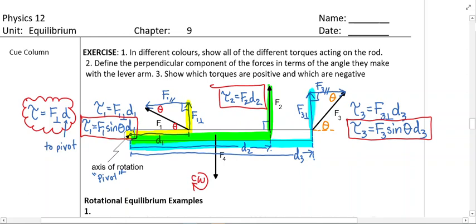Notice that the forces up above, all three of them, are going to want to spin the beam in a counterclockwise direction. And when we're counterclockwise, we call these counterclockwise torques. These are the positive torques. And the clockwise torques, these are negative torques.